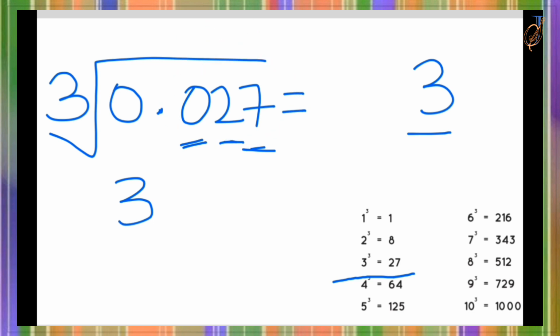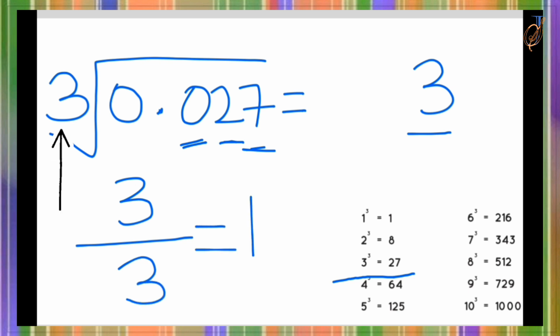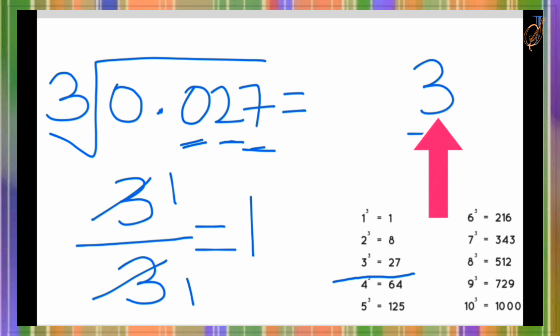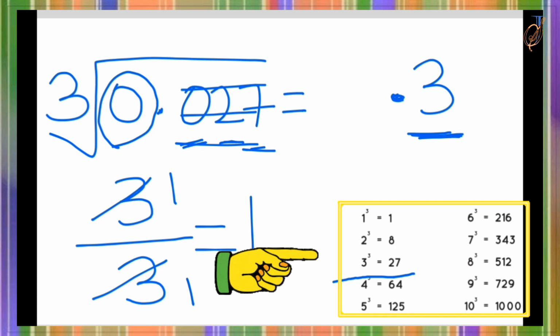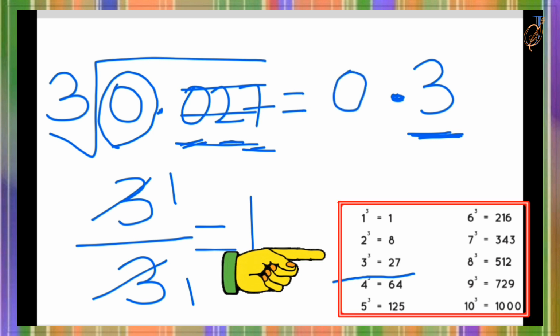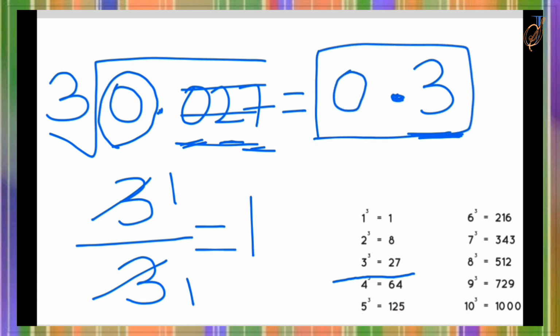Divide this count by the cube number 3. You will get 1. That means place the decimal point one place before. Then you strike out the last 3 digits. You are left with the number 0. Closest cube number which is less than 0, nothing is there. That's why you just add 0 here. So this is your result.